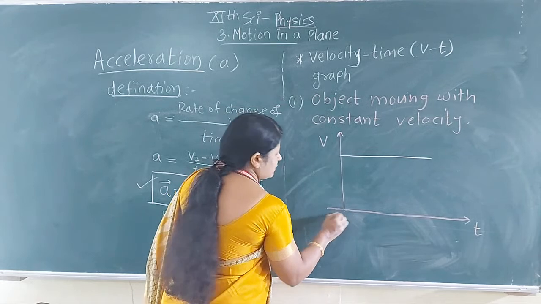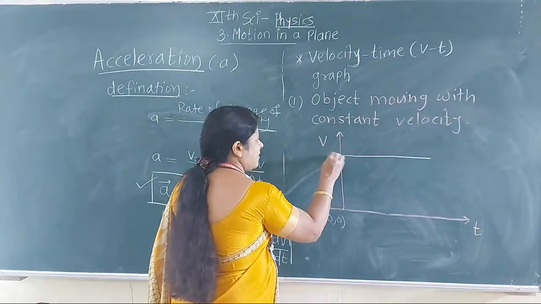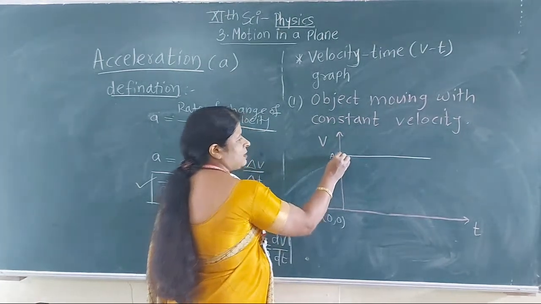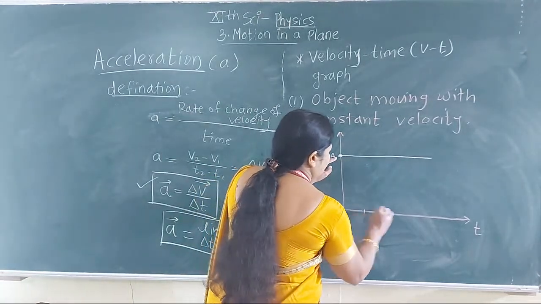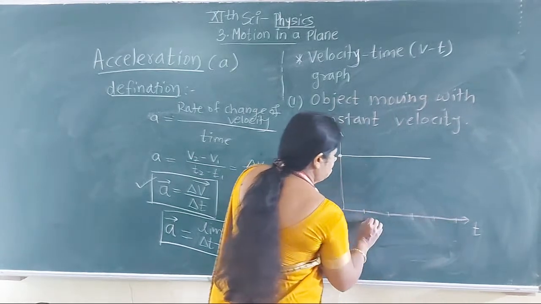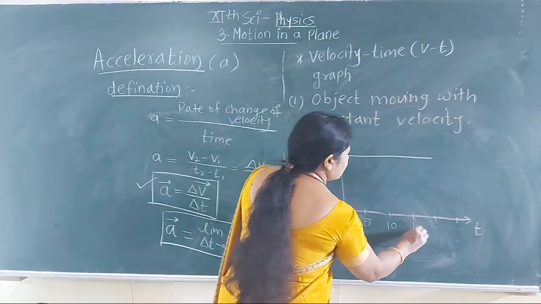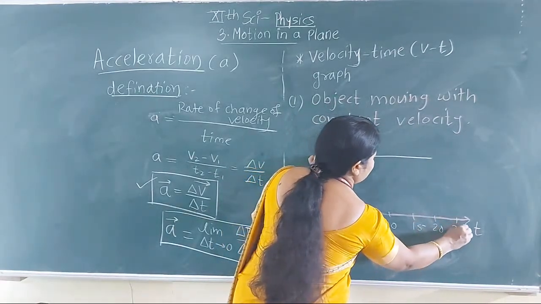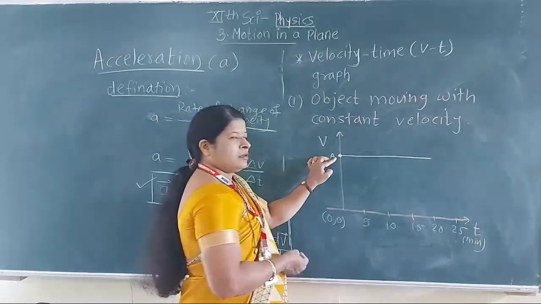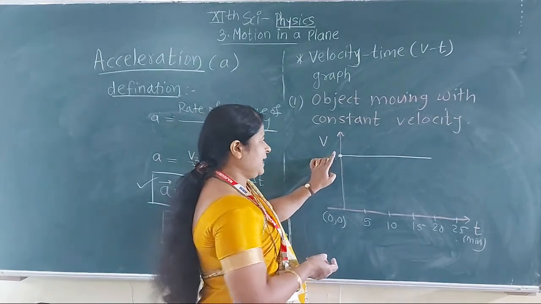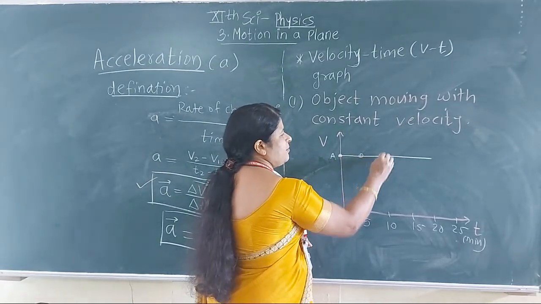For example, this is the 0, 0 coordinate and the object position is at point A. As the time passes, for example in minutes, 5, 10, 15, 20, 25 minutes, the object velocity does not change.